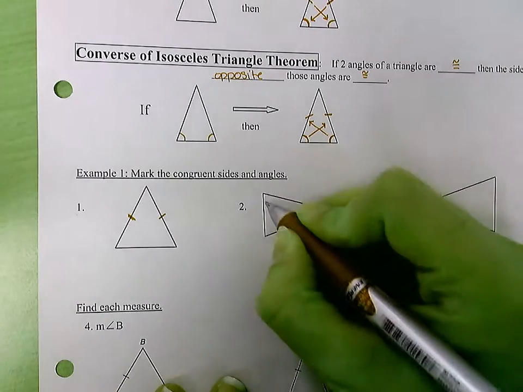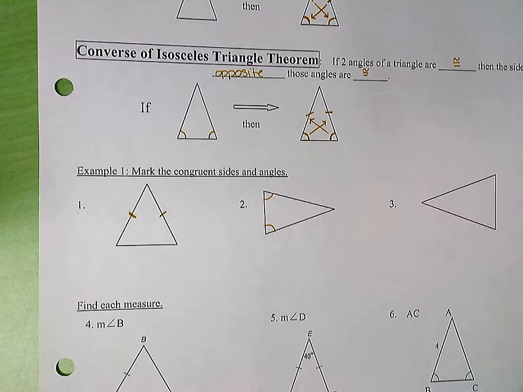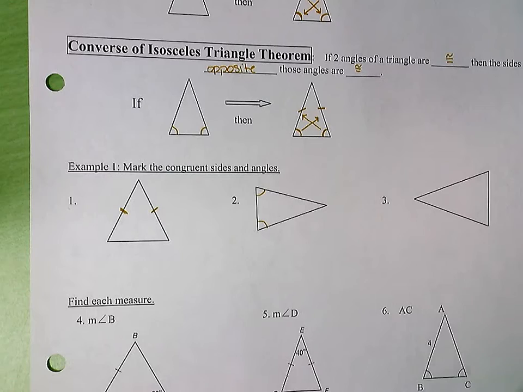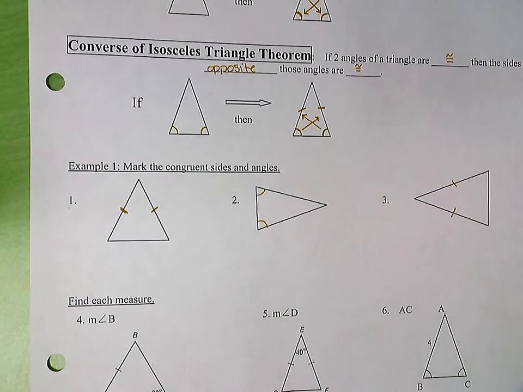Number 2, if I have these two angles congruent, mark which sides would be congruent in that triangle. And last one, if I mark these two sides, mark your angles that would be congruent.